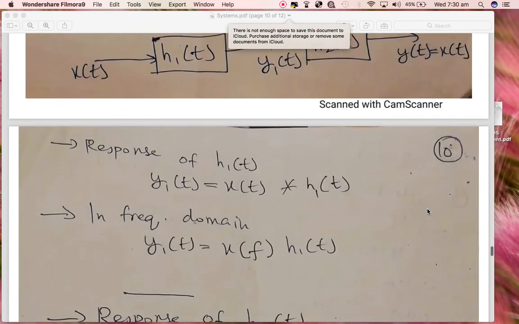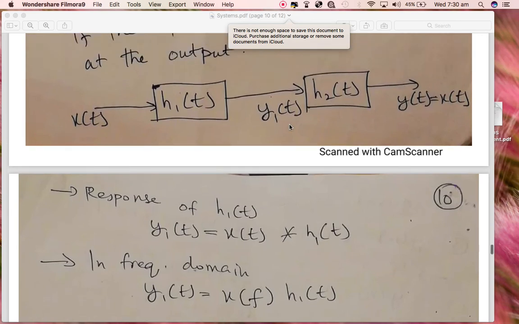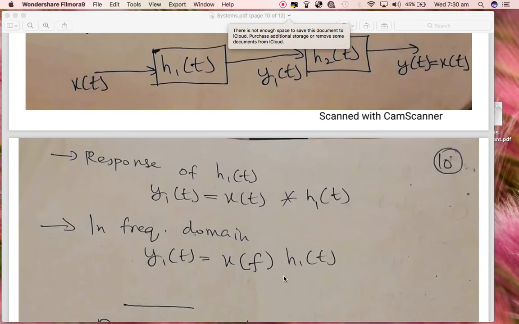We can mathematically prove this concept as well. We can see that the output is based on the input convolved with the impulse response h1(t), and Y1(f) is equal to X(f) times H(f).